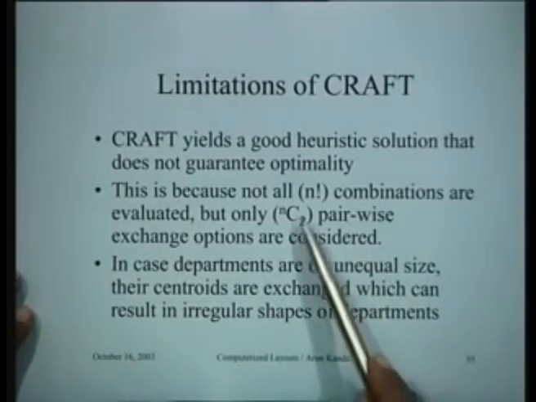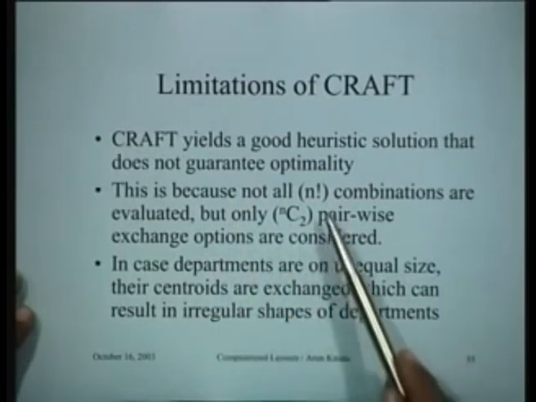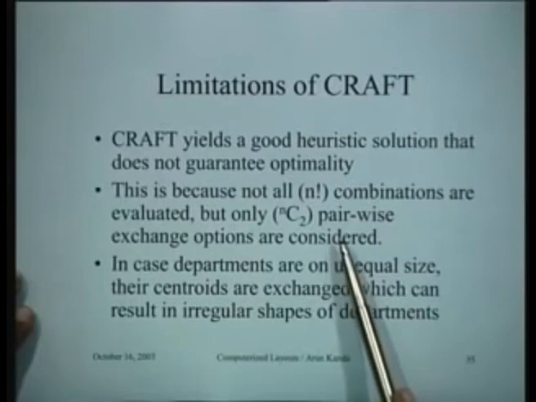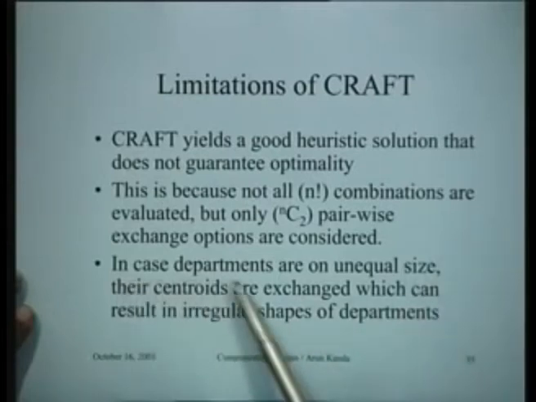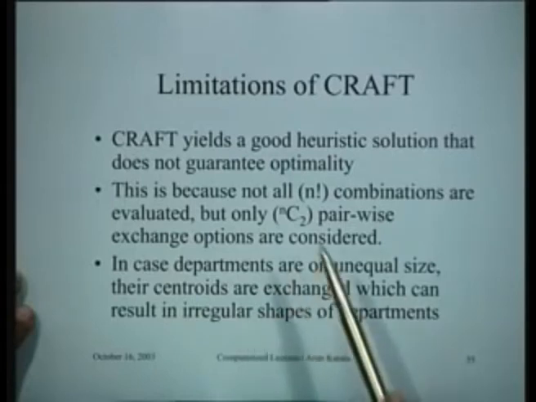And that means since we don't consider 3-way exchanges, 4-way exchanges and so on, we are confining ourselves to only these. So we are reducing the computational effort considerably, but we are being deprived of optimality in the process. In case departments are of unequal size, their centroids are exchanged, which can result in irregular shapes of departments. This is also a limitation in Craft.